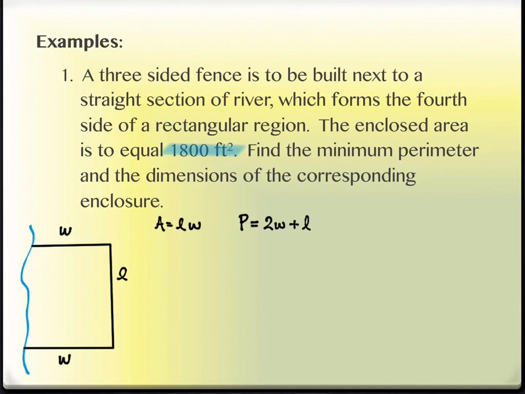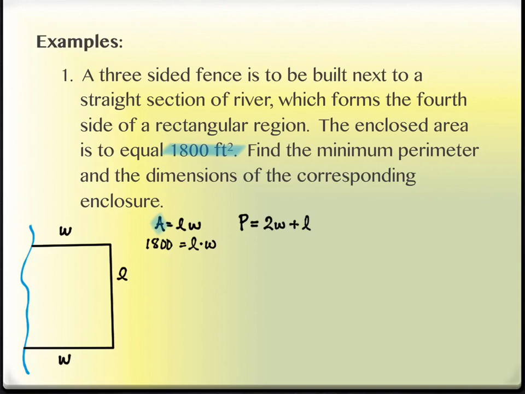That's okay. What that tells us is that this A right here is not a variable. I know what it is. It's 1800. So this is 1800 equals L times W. And what does it say I'm trying to find the optimal value of?